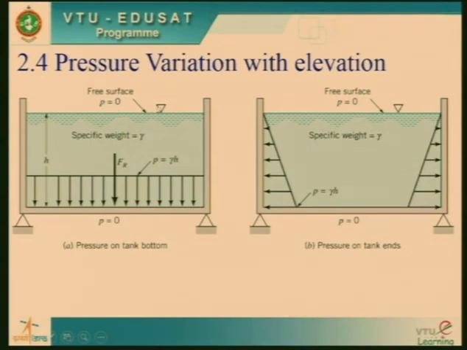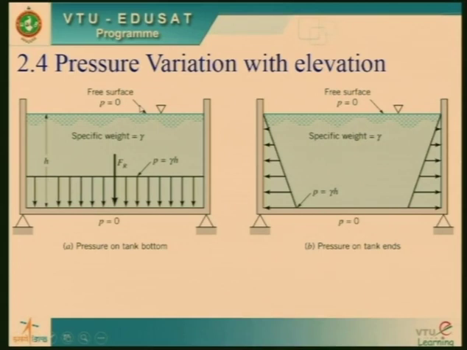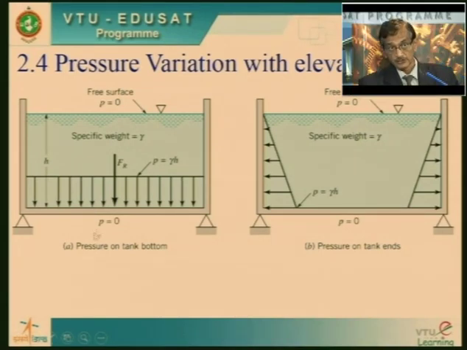I repeat, you can see it's open to atmosphere, water level is shown by a small triangle, P is equal to 0, intensity of pressure is equal to 0. On the top it is atmospheric pressure, so it is a gauge pressure. You can see here in the bottom also I showed P equal to 0, same thing, atmospheric pressure at the bottom, right.